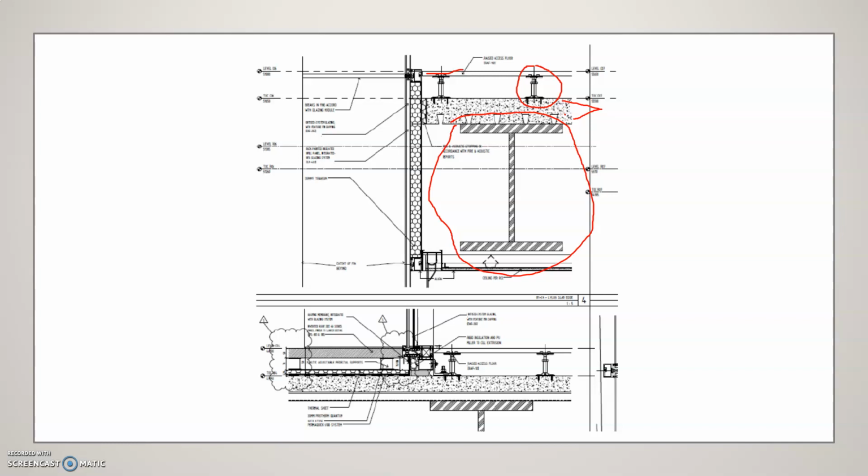When I say precast, it means it's built off the site, so it's not in situ. And then on top of the floor slab we got the flooring or tiling.